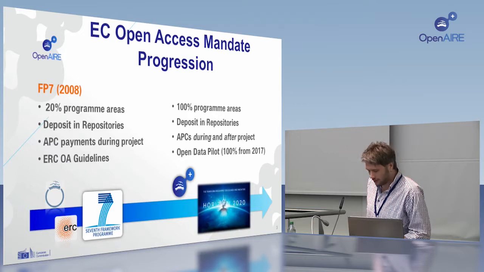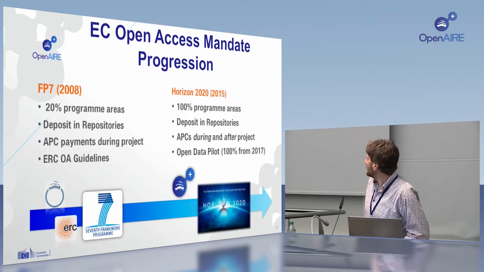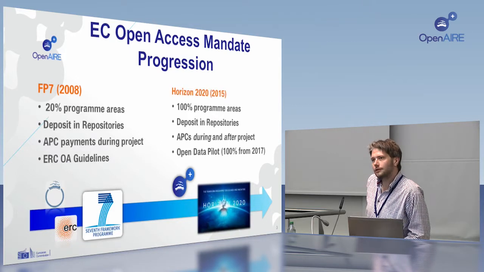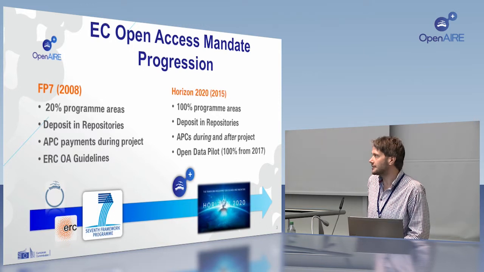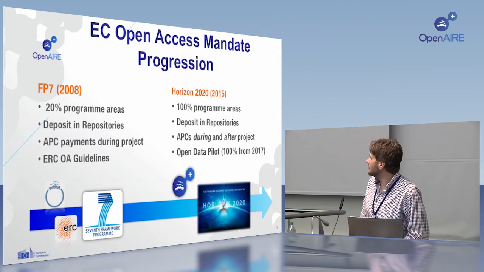And then in Horizon 2020, the open access pilot is extended to a mandate. So for the European Commission, all Horizon 2020 projects now require that all publications be made open access. The mandate is a green mandate.